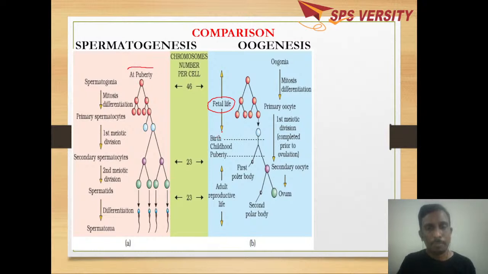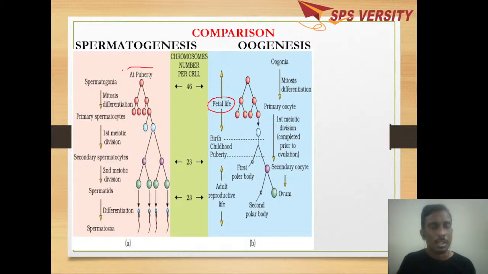By the time of birth, the primary oocyte undergoes the first meiotic division and forms the secondary oocyte and the first polar body. By the time of puberty, the secondary oocyte is formed. But in males, it is not like this.